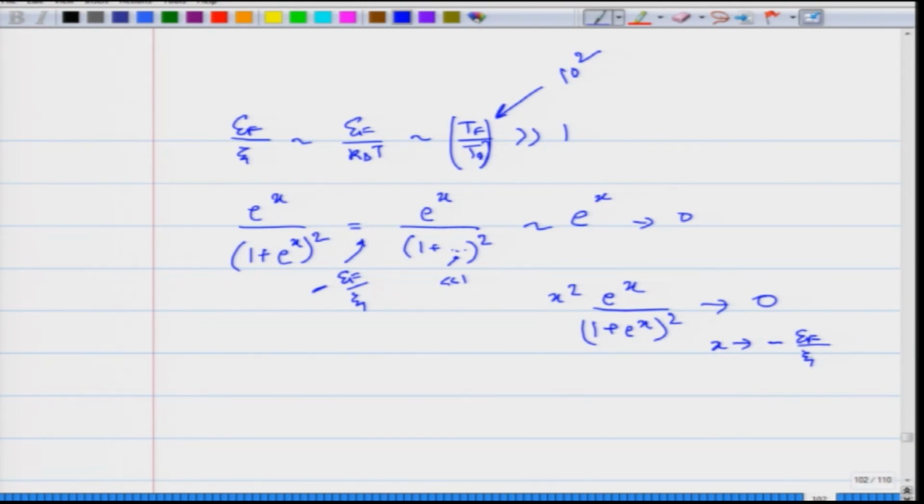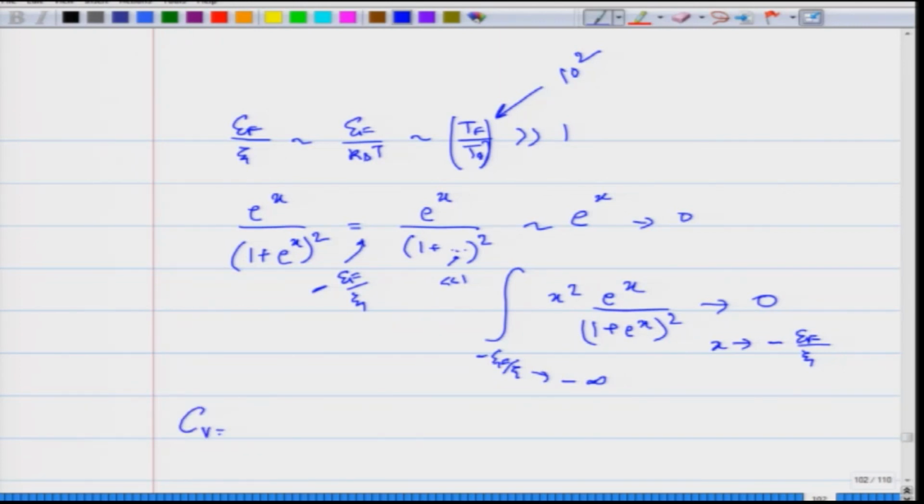So, instead of going to this value, if I take the lower limit, which is minus Ef by zeta, towards minus infinity, I do not do any error in this integral.